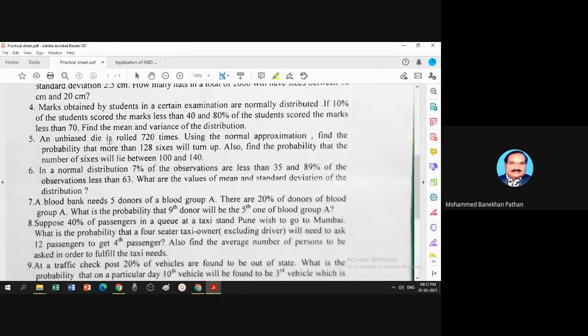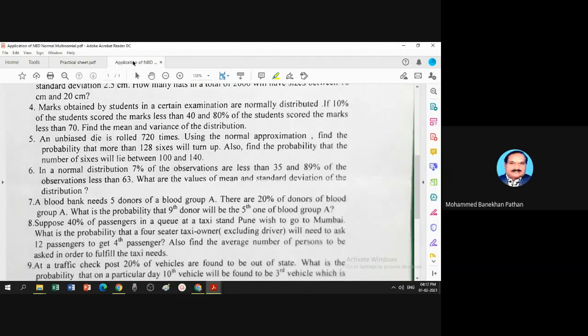Each trial is a Bernoulli. You are repeating 720 times. So how many sixes you got? That is a binomial. And it is more than 30, so you can use the normal approximation, just like question number 2, what we did.